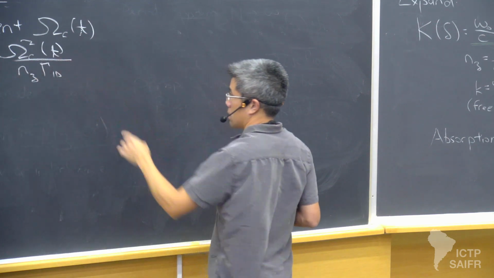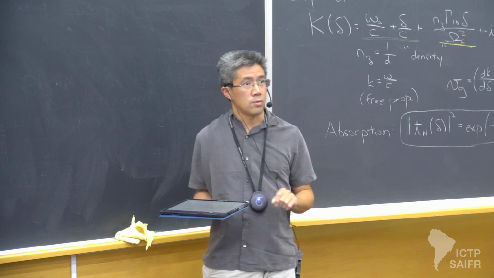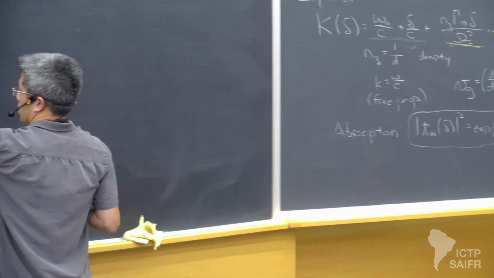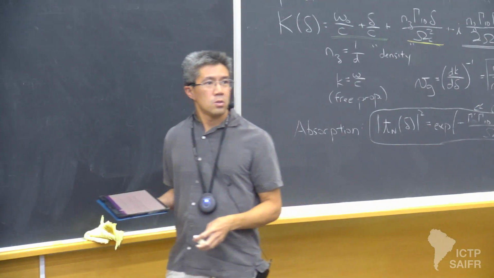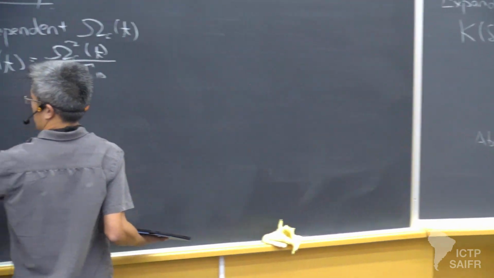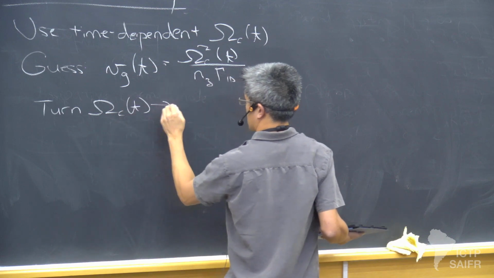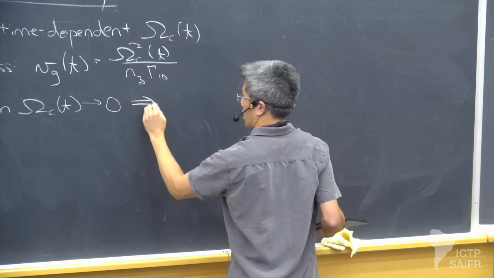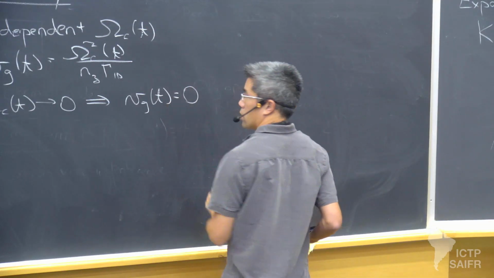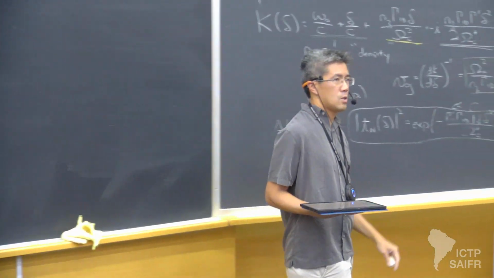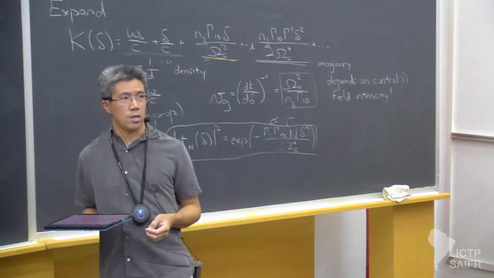My group velocity depends on my control field intensity, and if I play with my control field intensity as a function of time, I can turn omega C down to 0, and at the same time turn the group velocity to 0. That implies that my group velocity is 0, so my pulse has literally stopped inside the atomic medium. Now you have this notion of a stationary hard drive.